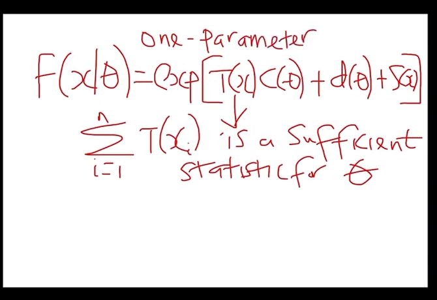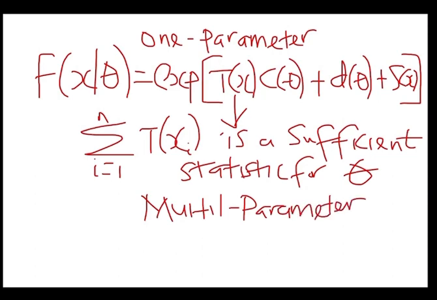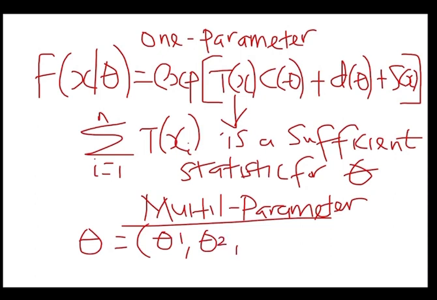So what if I'm talking about a multi-parameter family? Maybe I have theta in a parameter space, theta 1, theta 2, up to theta k.